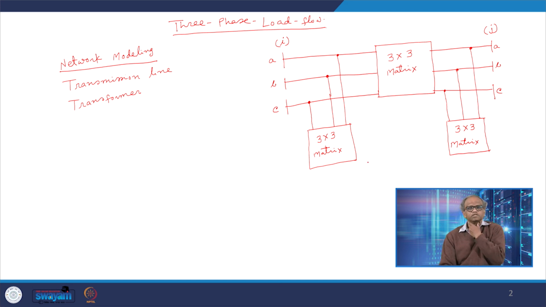So you see, this is essentially nothing but the pi model of the transmission line. This is the three-phase pi model of the transmission line.